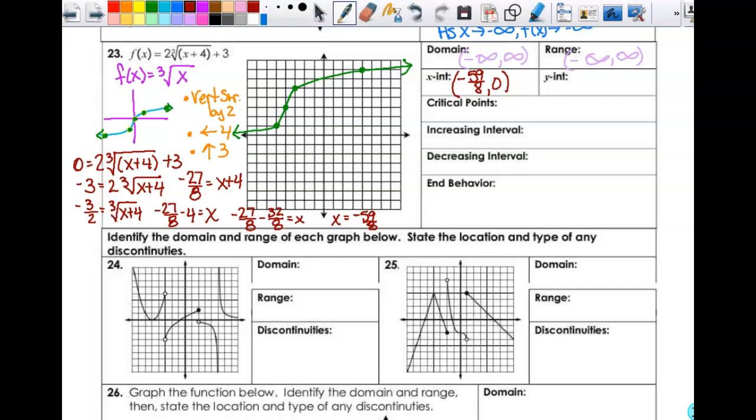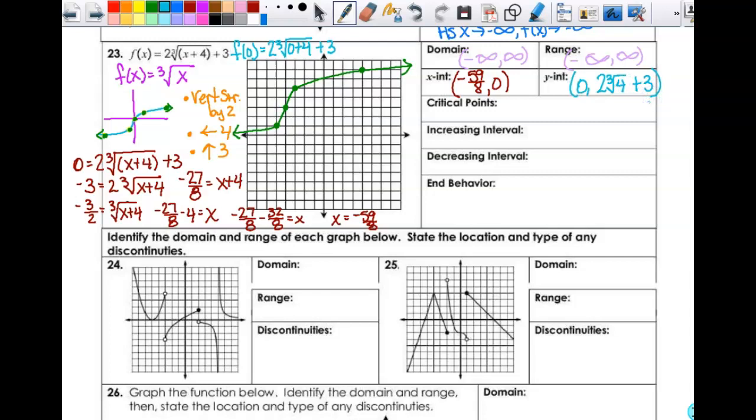My y-intercept is going to be when x is 0, so f of 0, I guess I'll do it up here, f of 0 equals 2 cube root of 0 plus 4 plus 3. So 0 plus 4 is 4, cube root of 4 is cube root of 4. So my y-intercept is 0, and then 2 cube root of 4 plus 3.